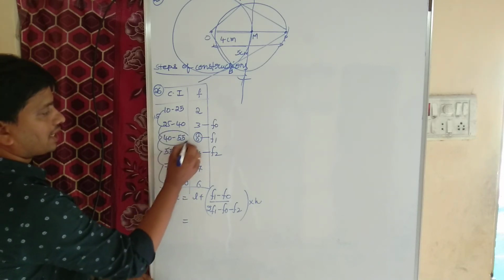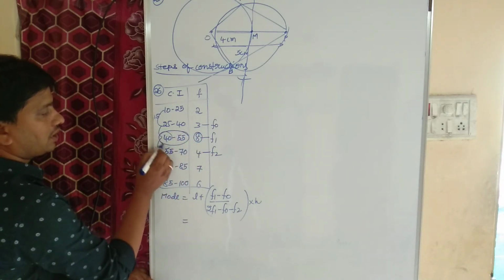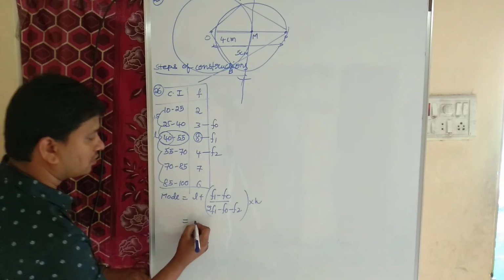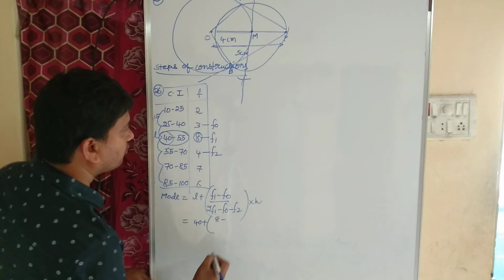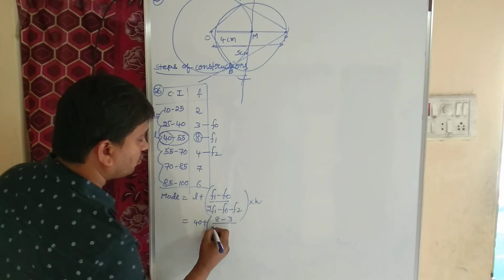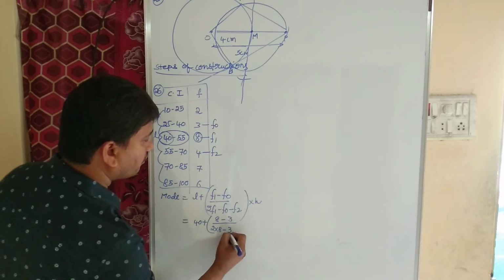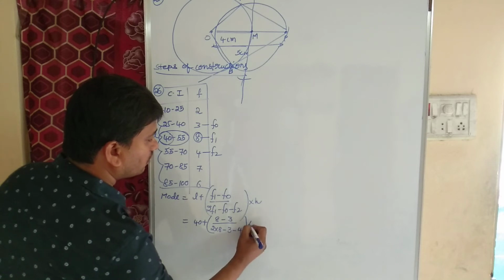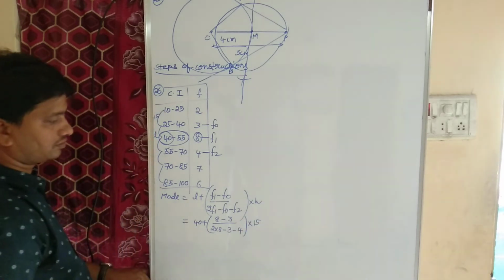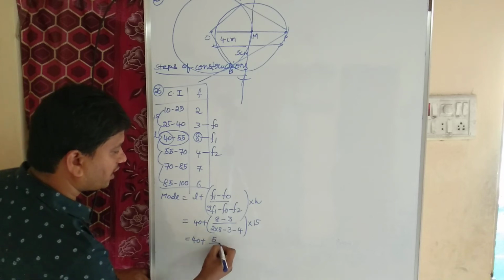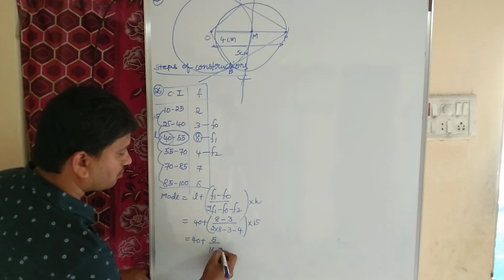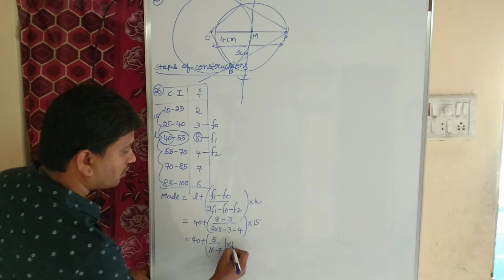The highest frequency is 8, and the corresponding class interval is our modal class. In that, 40 is our lower limit L. So 40 plus (F1 is 8, F0 is 3) divided by (2 into 8, minus F0 which is 3, minus F2 which is 4) into 15. So 40 plus (8 minus 3 is 5) divided by (16 minus 7), into 15.